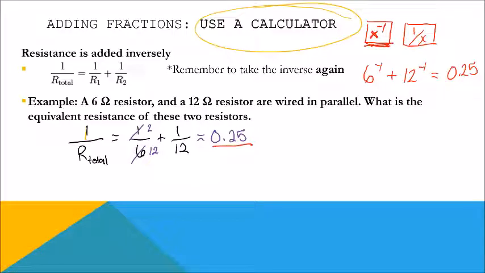But like I said, this is not our final answer. We need to either do 1 divided by 0.25 or 0.25 to the negative 1, and that will get us the proper answer. And one more thing, what's 0.25 as a fraction?